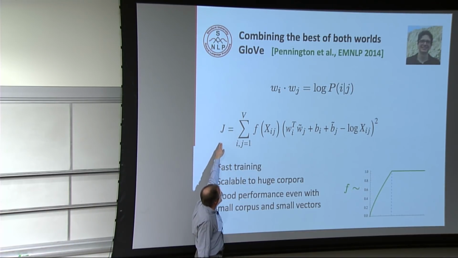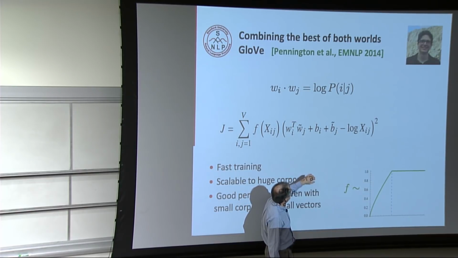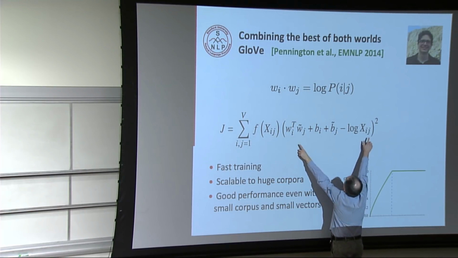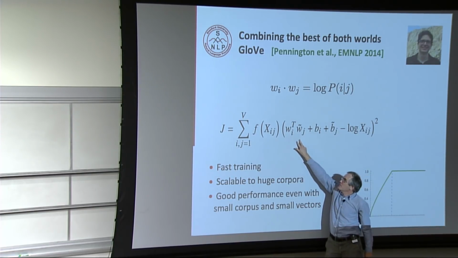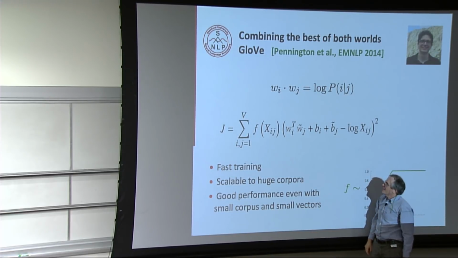Here is our objective function, made to look a little more complicated, but essentially we've got the squared loss, and we're saying the dot product should be as similar as possible to the log of the co-occurrence probability, so there'll be loss to the extent that they're not the same.